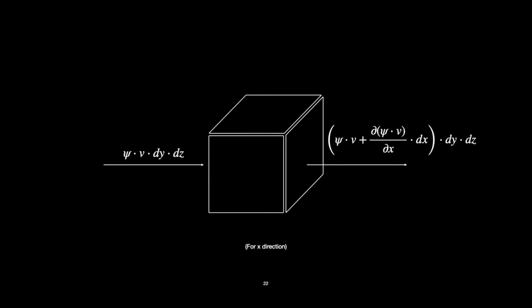If you go from the left face to the right face, what we're going to see is density change, and velocity change. So we're going to see the change with respect to x because we're working in the x direction, and then we add times dx, because that's how far we are going, and then times our dy. So that's the whole mass flow rate.